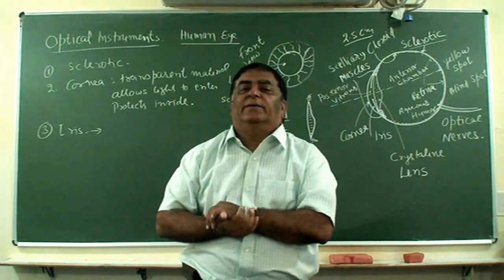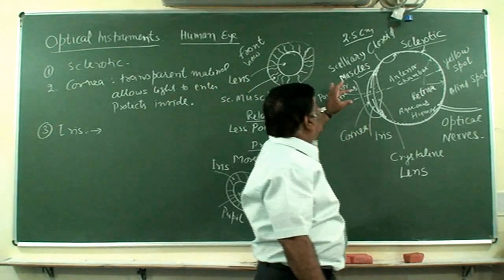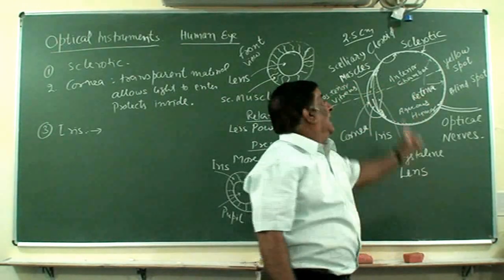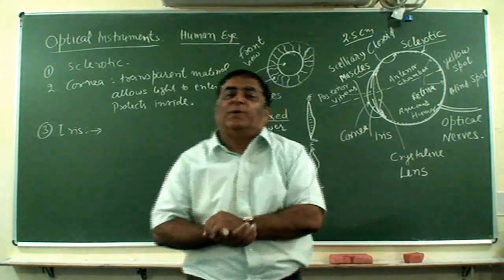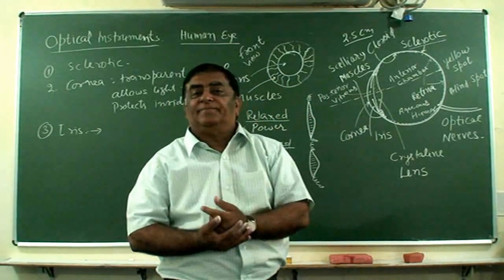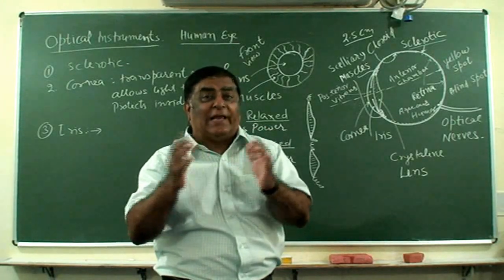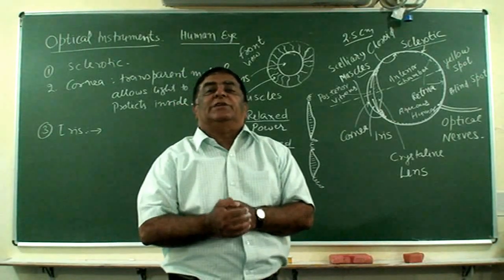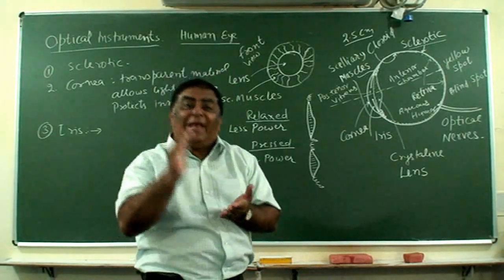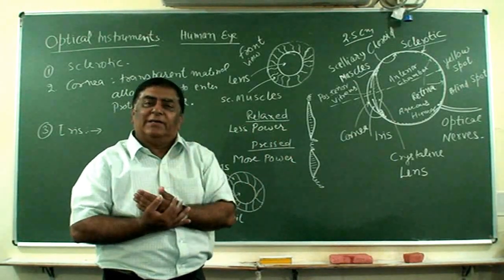Why is it required? The energy of light which passes through the eye and is used for making images should have the right quantity. It should neither be a glare, meaning excess of light, nor too little energy, so that the image is not formed clearly.